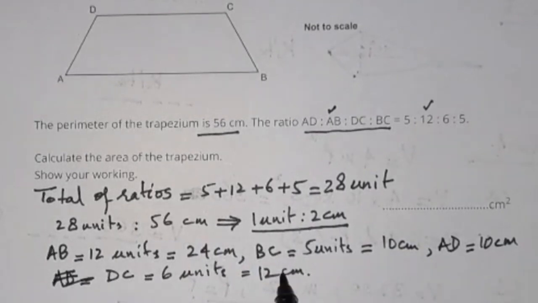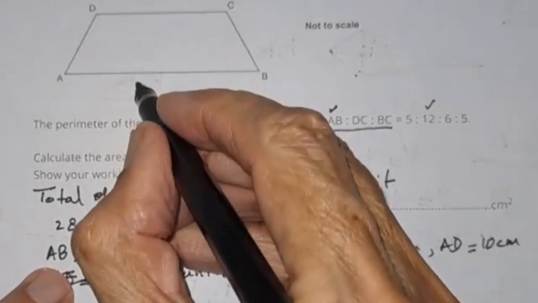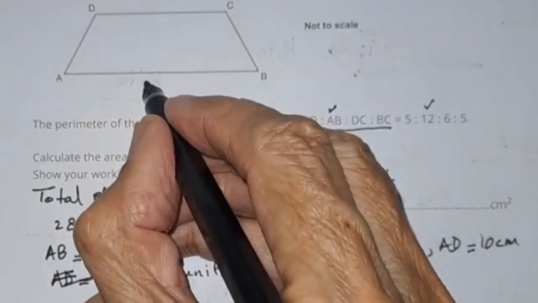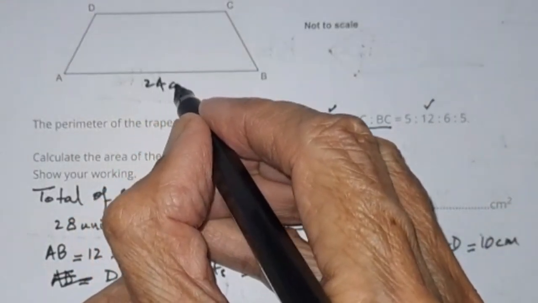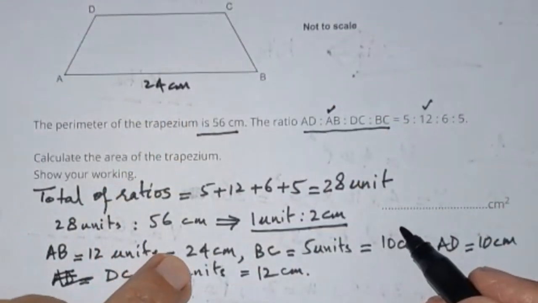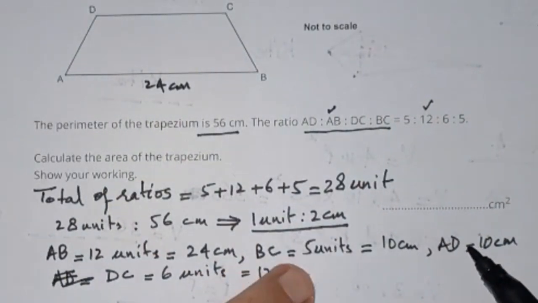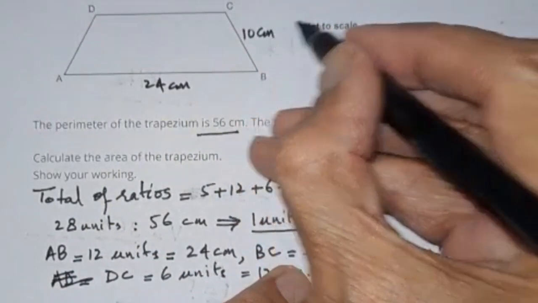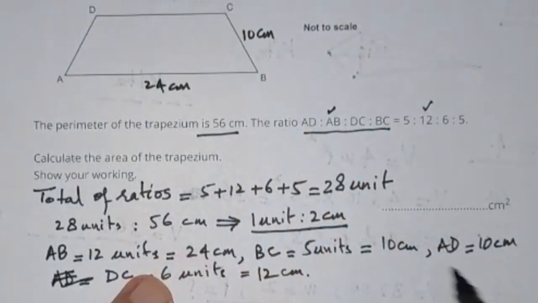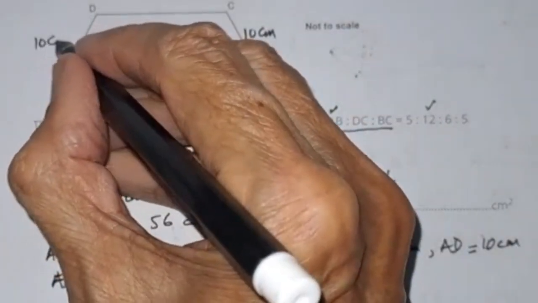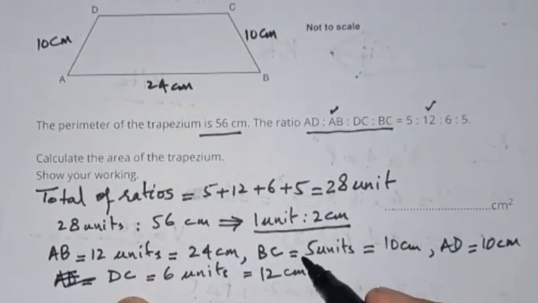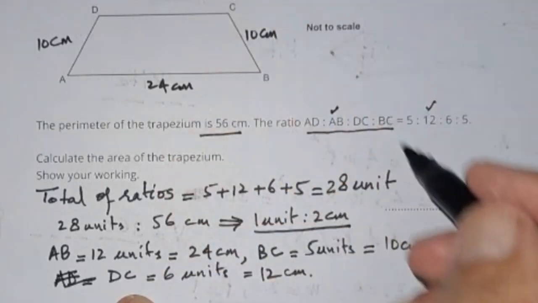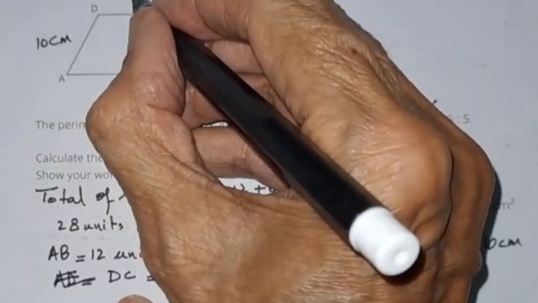Now we shift this information onto the diagram. So AB is 24 centimeter, BC is 5 units and 10 centimeter, AD is 10 centimeter, and DC is equal to 6 units, that is 12 centimeter.